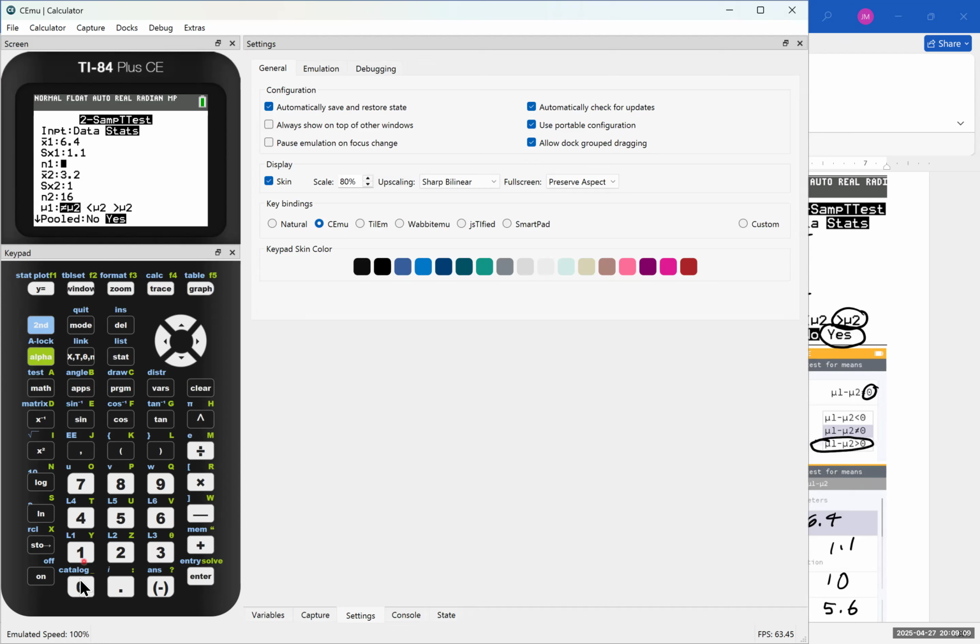N1 is 10. X bar 2 is 5.6. S2 is 1.7. N2 is 11. And we're going to have an alternate hypothesis of greater than. And pooled, we want to put yes. Okay, let me leave that up.